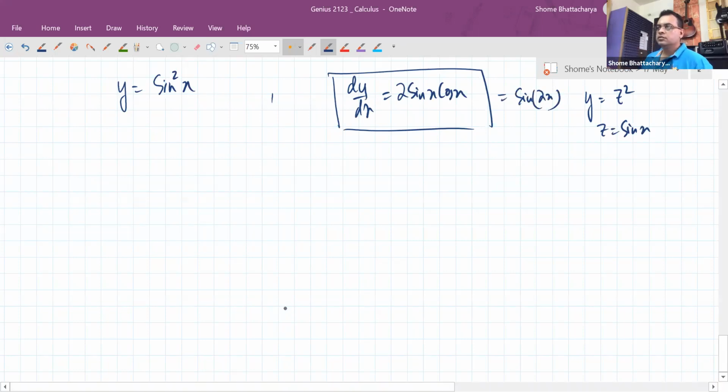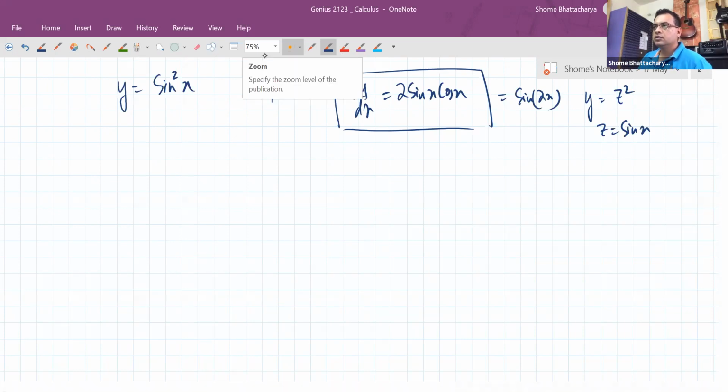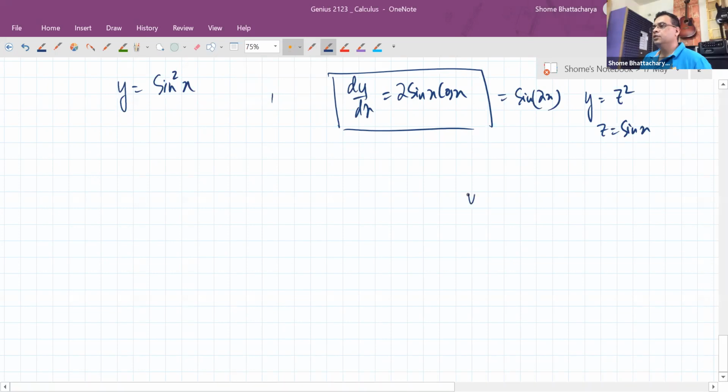Sir, if the x is in degrees, then the graph will be different, right? The graph will be different in the sense that how we show the variation on the x-axis will be different. It is like, you know, even if I plot a graph of y is equal to x square, and in one case, I'm taking my scale such that one box on the x-axis is equal to 1 unit.